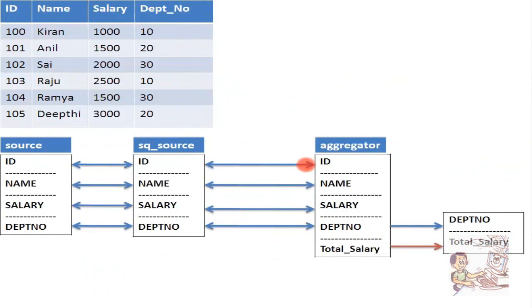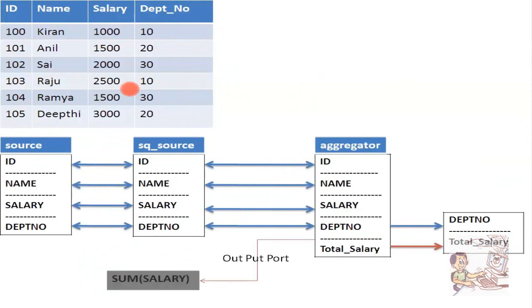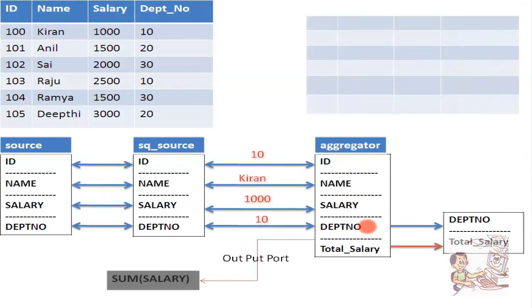Say suppose this is our source table data. I have, say, 6 records in my source table. I take an aggregator transformation, and here I am creating total salary as the output column. The condition is sum of salary, and I am selecting group by on DEPT number in my aggregator. The very first record from the source will come into the source qualifier.